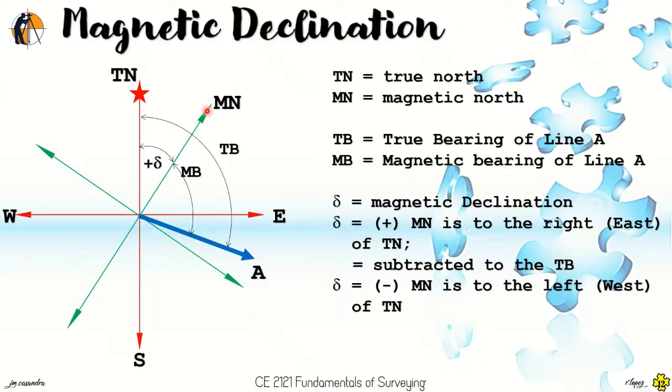A negative declination means our magnetic north is to the left side or the west of the true north, and it is to be added to the true bearing to obtain our magnetic bearing. So remember, positive declination is to the right and has to be subtracted. Negative declination is to the left and has to be added.